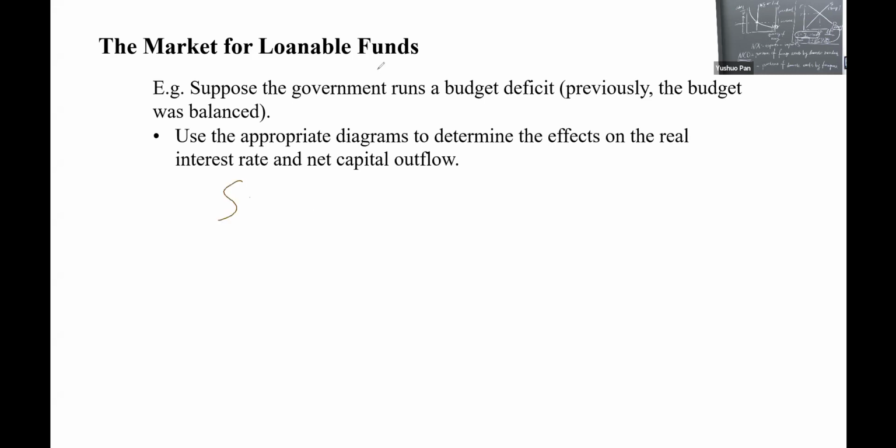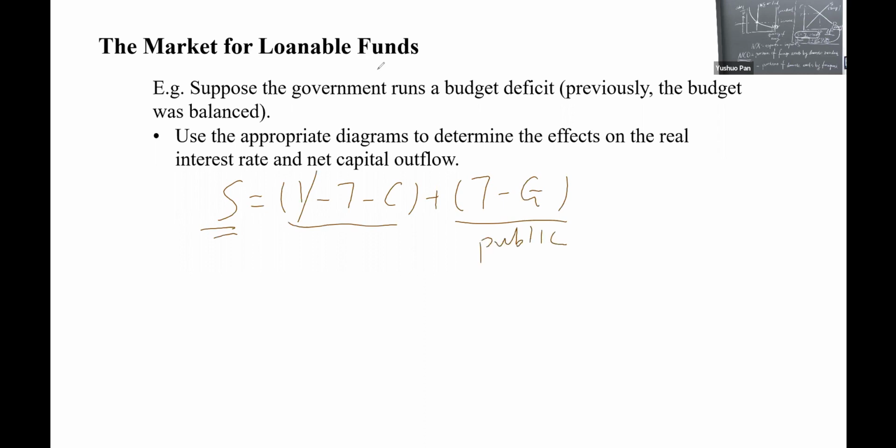So remember the S, the national saving, equals Y minus T minus C plus T minus G. This is private, and this is public, right? For public, we know that the budget deficit means the government spending is bigger than the tax revenue.